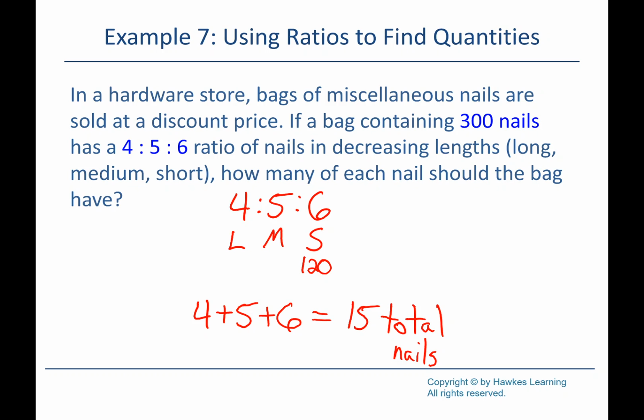We could do like 6 to 120 is 5 to x and find the medium if we wanted to. Or we could do still 15 to 300 is 5 to x. Right? Use any parts you want. Whatever jumps out to you first. Okay. So I guess I'll use our new number. Okay, does it matter? So I'm looking for medium nails.